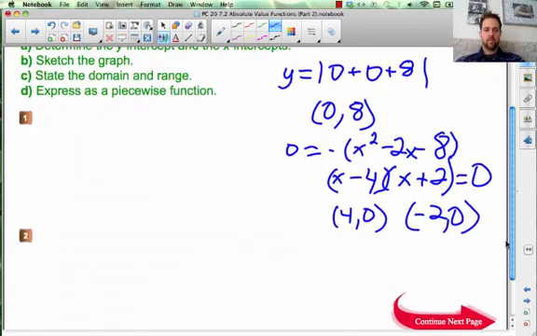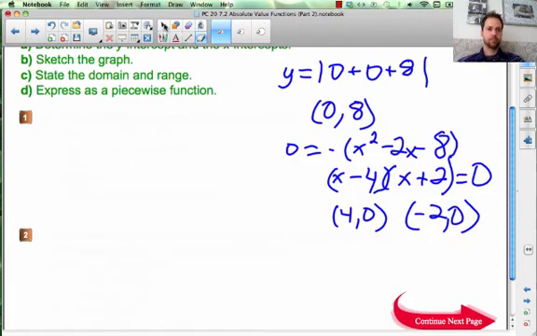So sketching the graph of this thing opens down, and it has these intercepts at minus 2 and 0 and positive 4 and 0. So between minus 2 and positive 4, it's going to be above the x-axis, but then to the left of minus 2 and to the right of positive 4, it's going to be below the x-axis, but that's not allowed because it's the absolute value of that function.